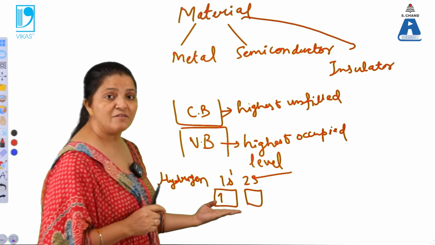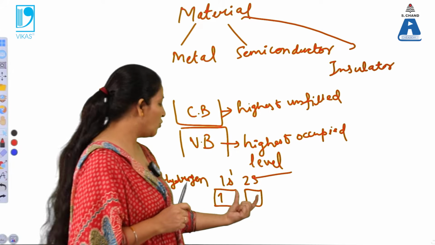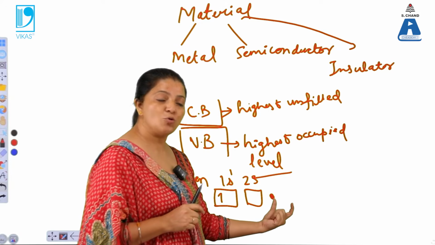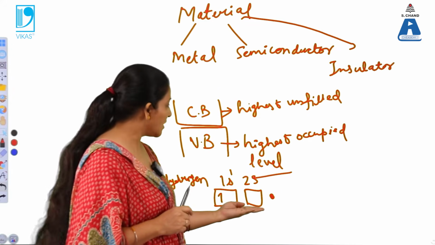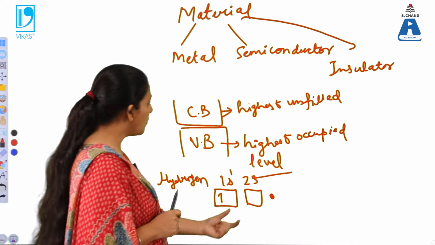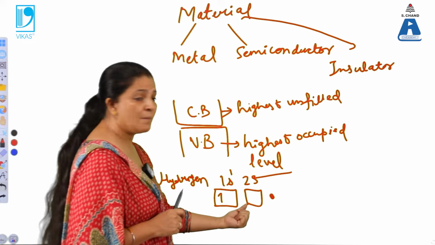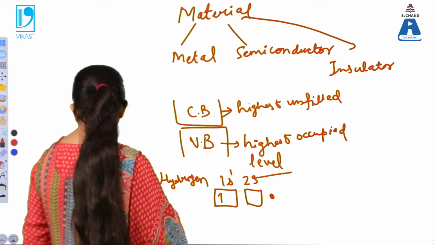While 2s is empty, and 2p, 3s, 3p will all be empty. This is known as the conduction band for the given material.